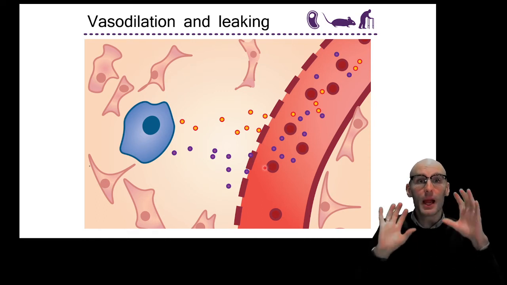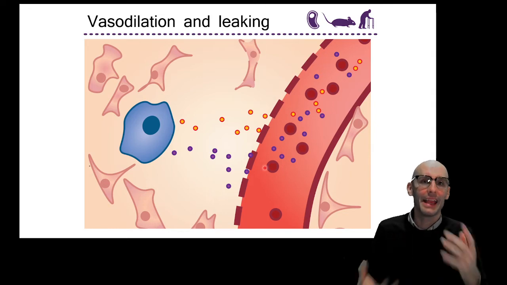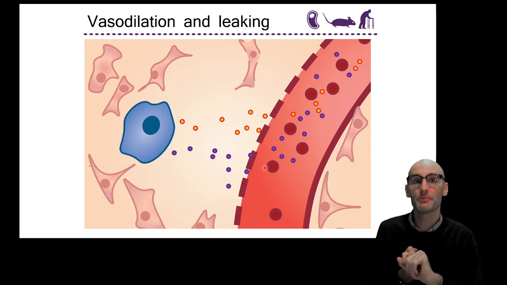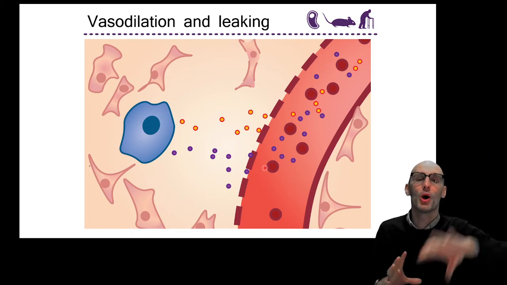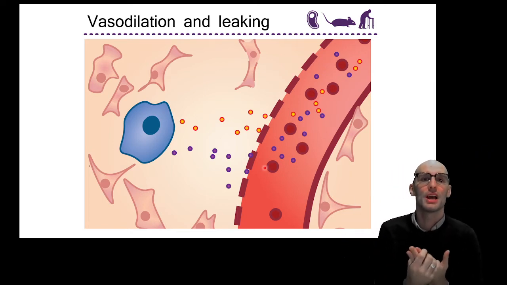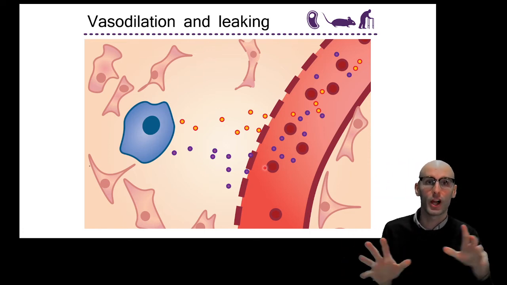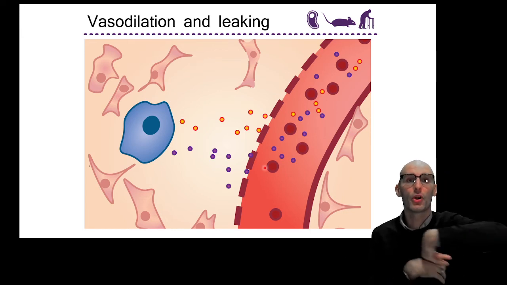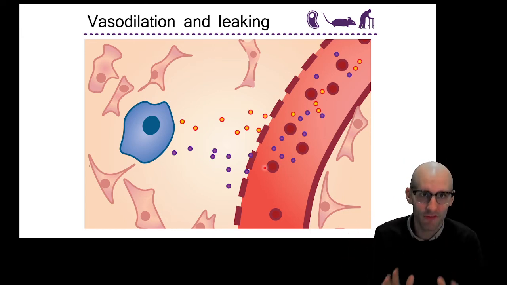Two, there are proteins in the fluid of the blood that are antimicrobial. There are complement proteins, but also antibodies in the fluid component of the blood. So if we become leaky and allow the fluid component of the blood to leak into the extracellular environment, we're allowing those antimicrobial compounds to leak into the extracellular space to begin to fight those pathogens.